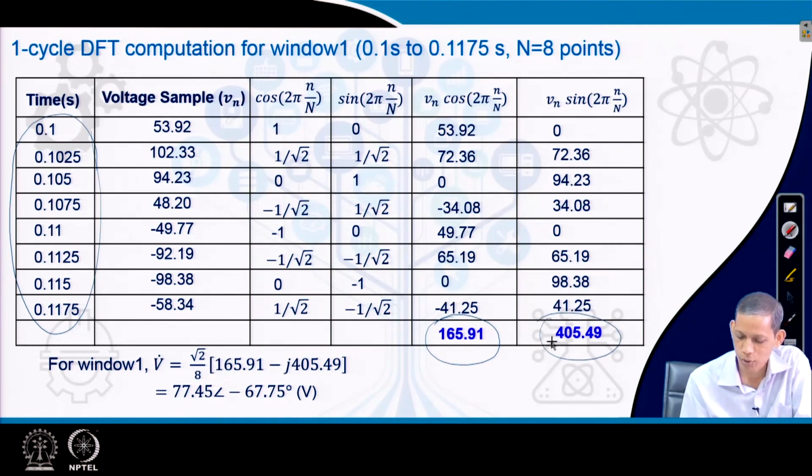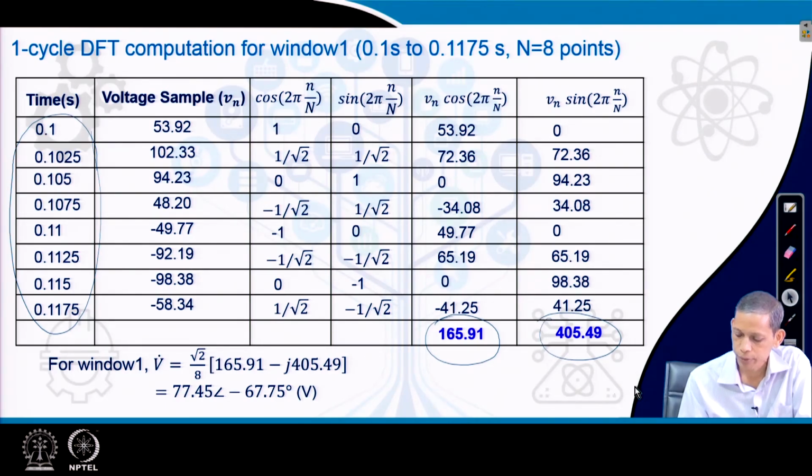We have already seen these two components earlier also. If we put them in phasor form, the phasor V dot comes out to be 77.45 magnitude, which is the same as what we got earlier, and an angle of minus 67.75 degrees, which is exactly the same as we got in the earlier case.